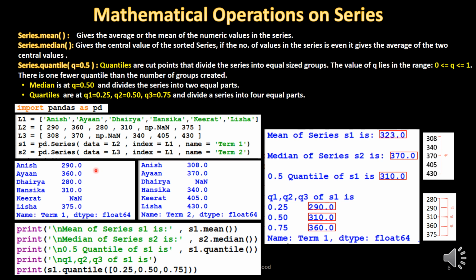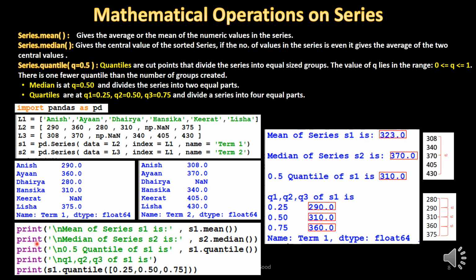Continuing with our example of series S1 and S2, let us apply these functions on the series. The statement print S1.mean will first find the sum of all not null values in the series S1 and then divide it with the number of not null values in the series S1 to give the average or the mean of the series S1 as 323.